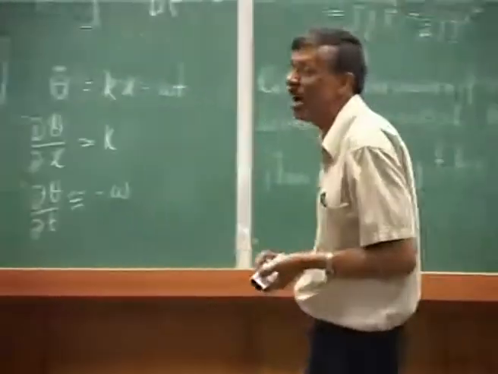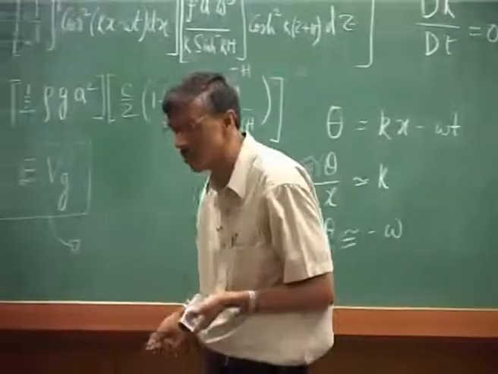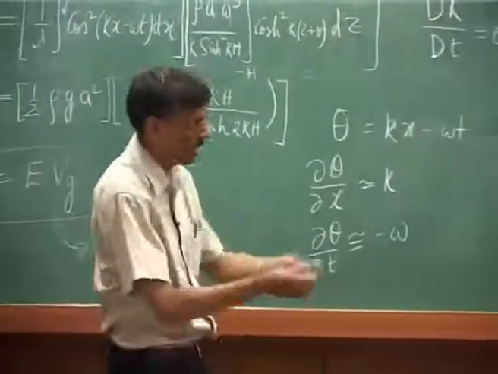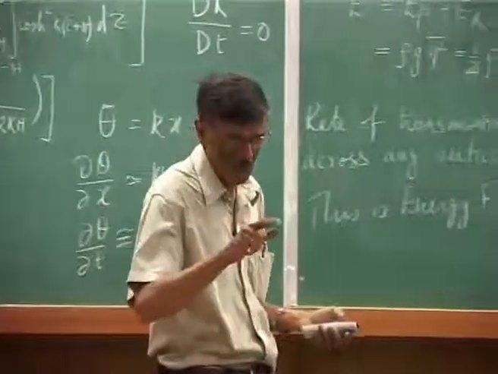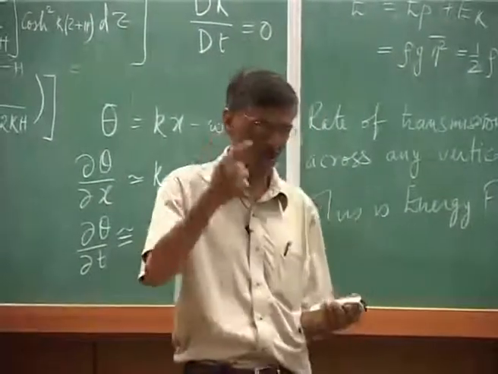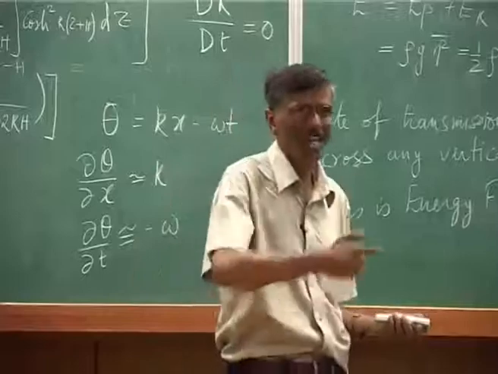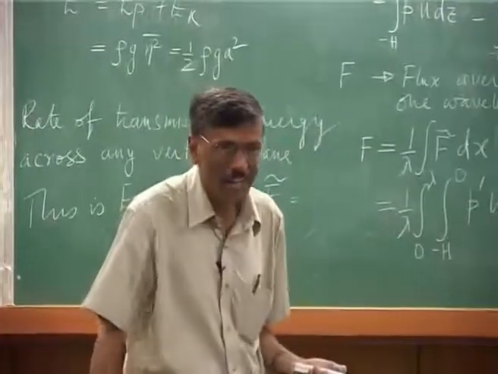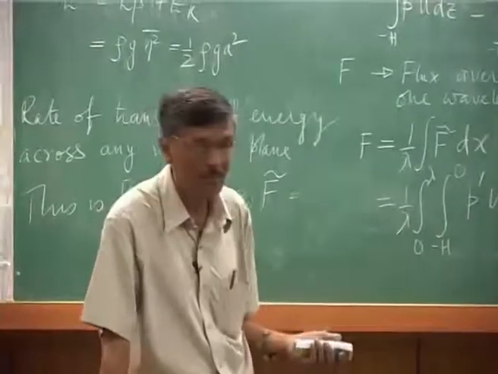This kind of confusion occurs if you have noticed some of these waves in a pond or confined space. Most of the time, we try to follow a crest or a trough, something of that kind. Then you see the following things.